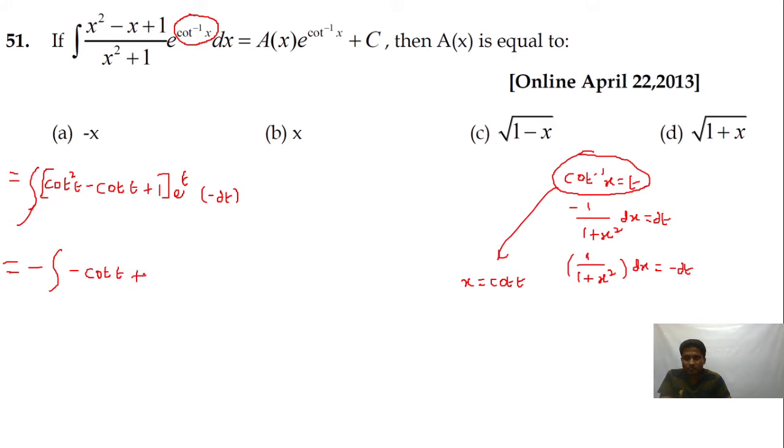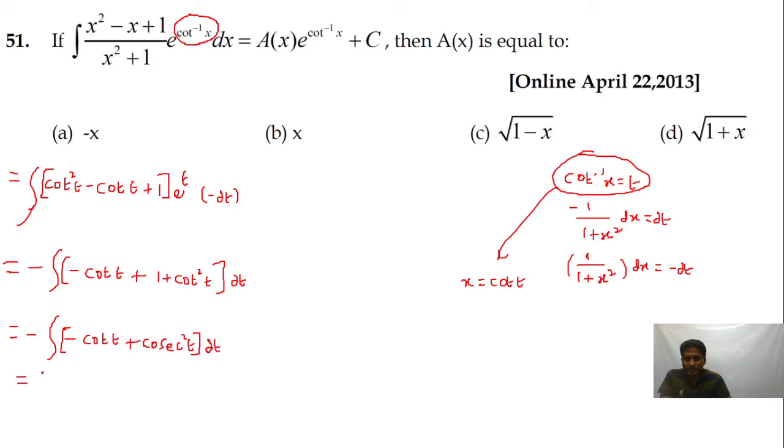Left out is 1 plus cot square t and then dt, minus of integration of minus cot t. 1 plus cot square theta is cosec square theta. So this is cosec square t, close the bracket and then dt.